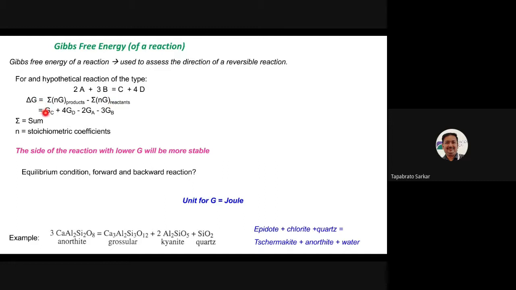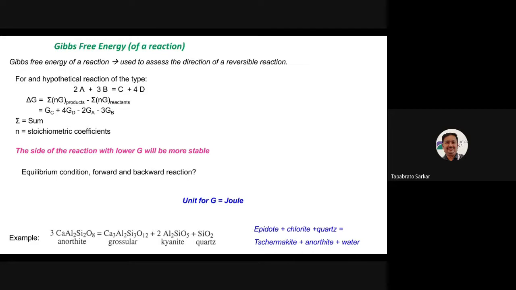So the Gibbs free energy of C plus 4 times the Gibbs free energy of D, minus the sum of the Gibbs free energy of the reactants, gives you the difference in the Gibbs free energy, del G.